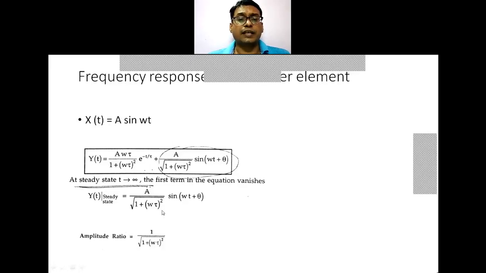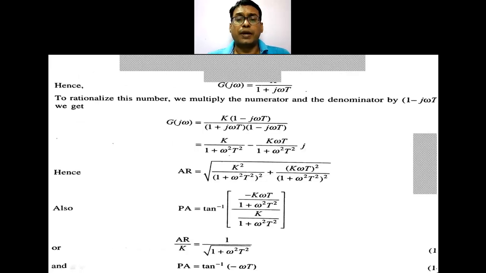So you will get 1 upon root of 1 plus omega tau square as the amplitude ratio. Besides that, in the case of a second order system, we have also calculated the y(t) response, y(t) at steady state, amplitude ratio and phase angle. So now this is the method of frequency response for first order systems.